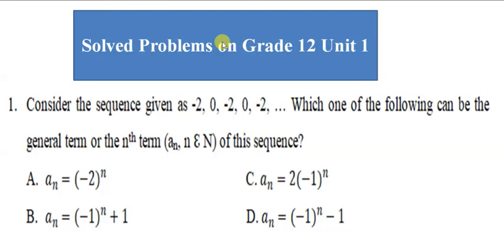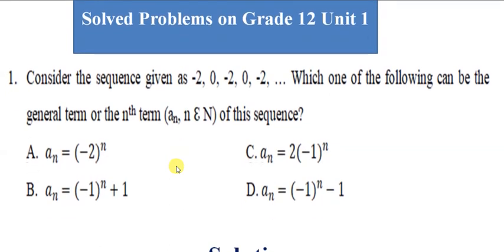Question number 1 says, consider the sequence given as -2, 0, -2, 0, -2, and so on. Which one of the following can be the general term, or the nth term, of this sequence, provided that n is an element of the natural numbers?